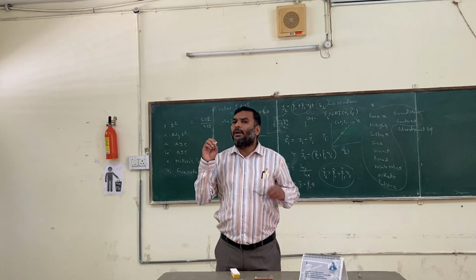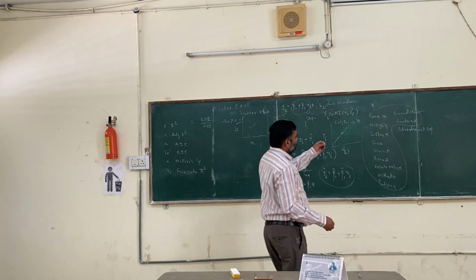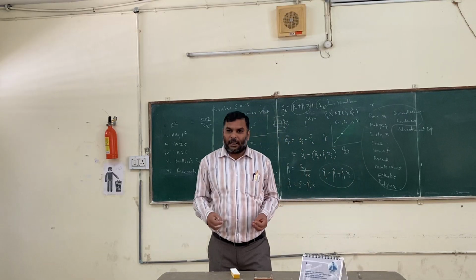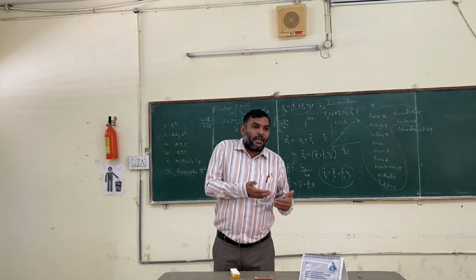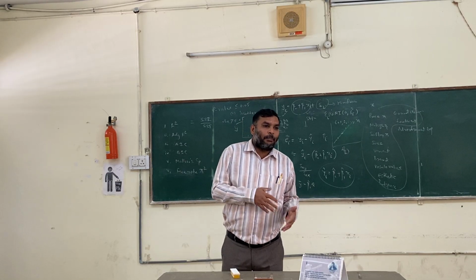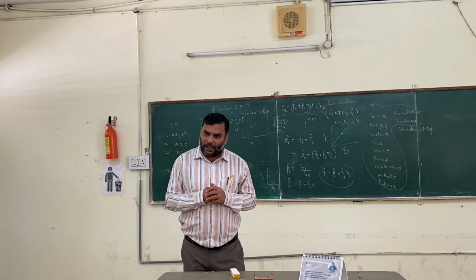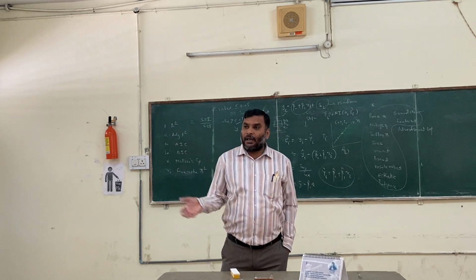R square always increases if you add one more variable. Suppose you have advertisement expenditure and we add price; then R square will always increase. Whether the price is really important for the model or not, R square doesn't take care of this. So this is a problem with the R square, and hence we need to add an extra penalty for adding a variable.